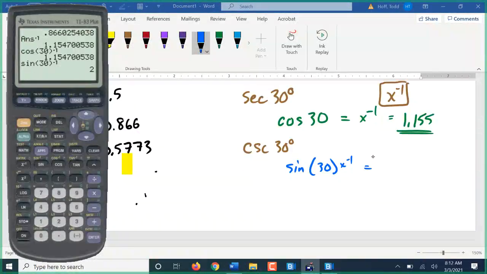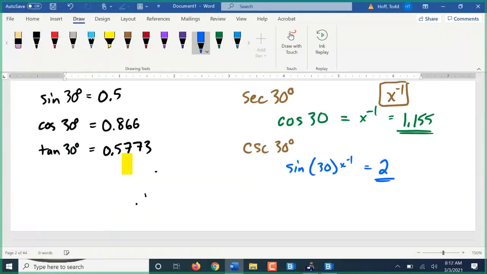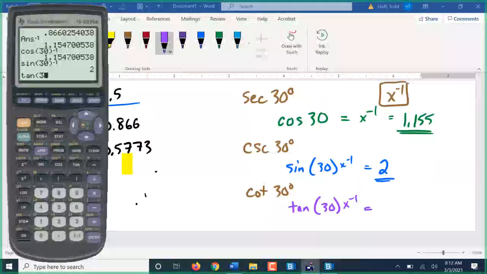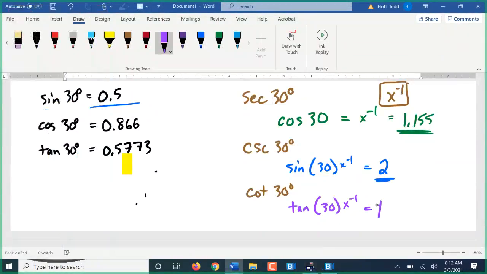That's 2. Makes sense? 0.5, 1 divided by 0.5 is 2. Reciprocal of 1/2 is 2. So cotangent of 30, what trig function are we going to use? There you go. Tangent of 30, close that parentheses, and x negative 1 before we hit equals. Gives us 1.732.